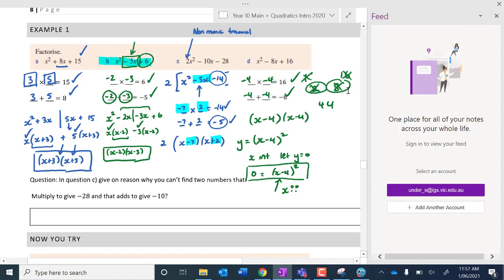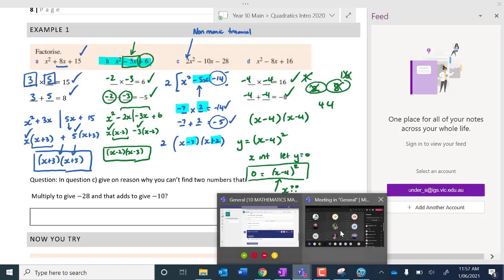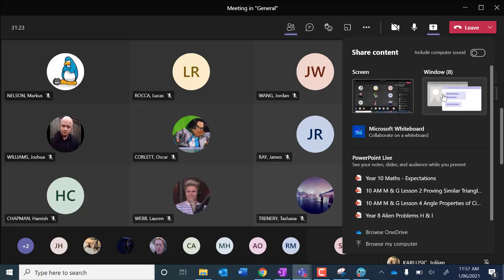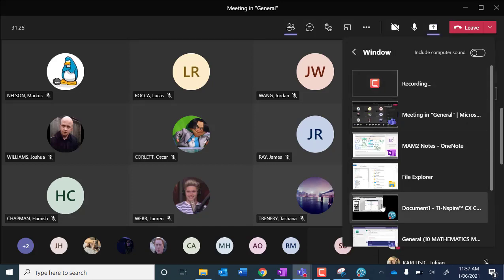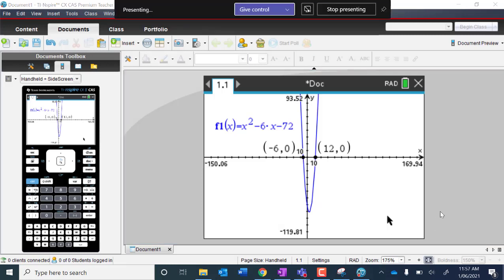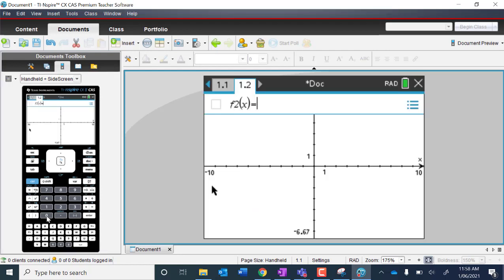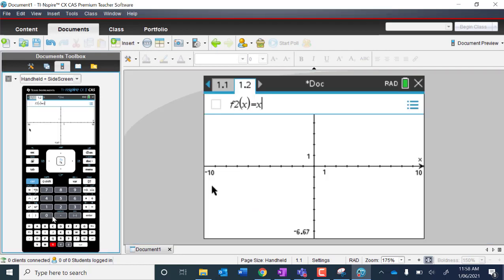Okay, so let me show you the calculator screen. Let's go over to the calculator screen and sketch the thing that we just did. I'm going to get rid of this and do a new one. We're going to do x squared take away 8x, and it was positive 16.